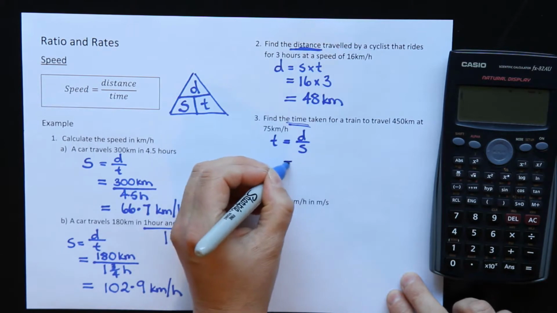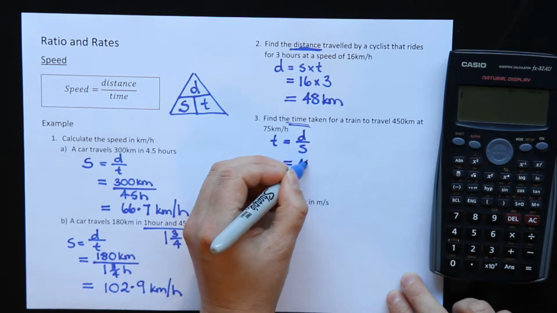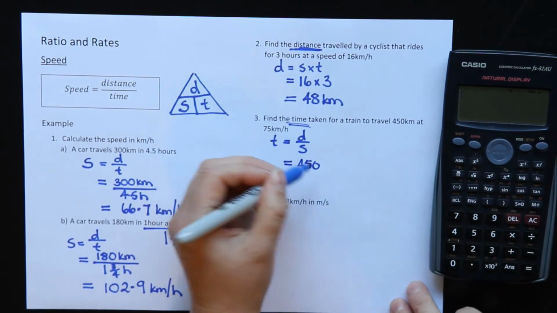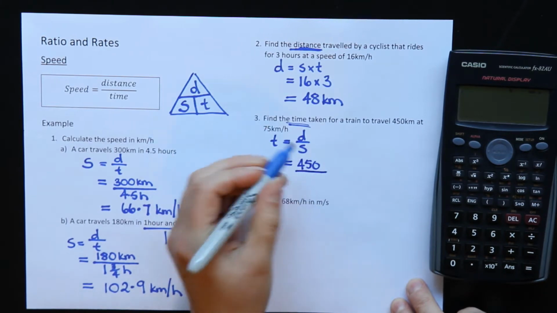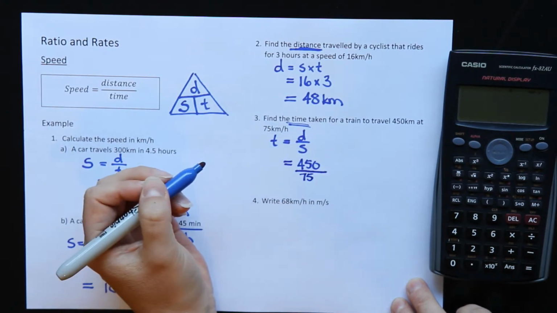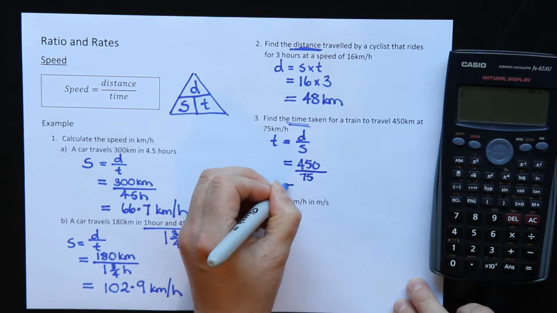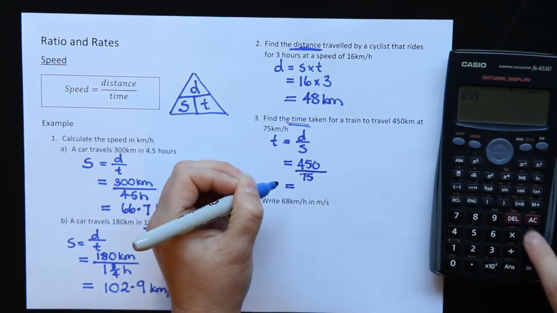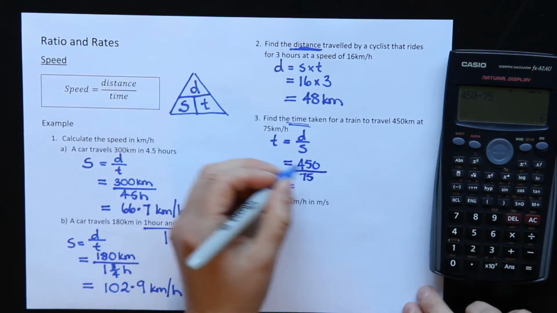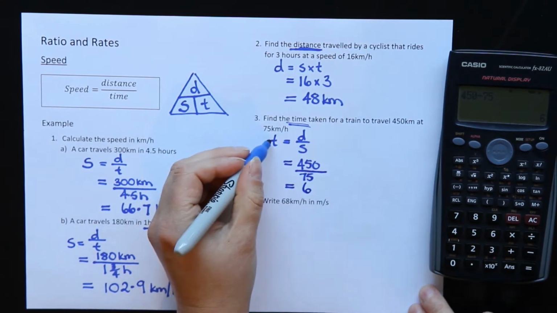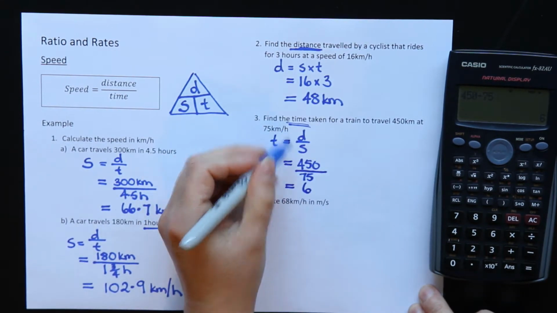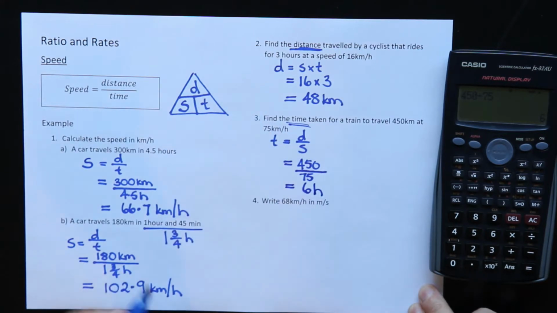So my distance is 450 kilometers. The speed is 75 kilometers per hour. Let's divide them. 450 divided by 75 gives 6. T is equal to 6 hours. That unit comes from there.